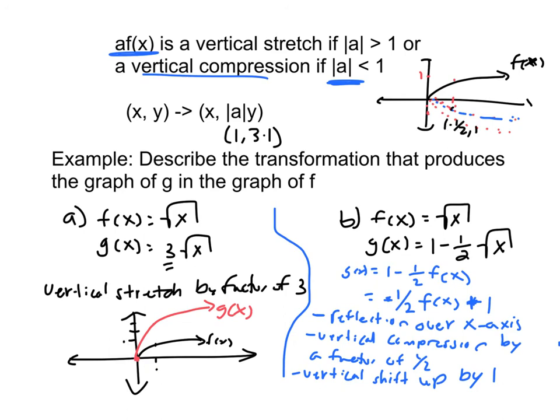Oops, I wrote that in the wrong direction. X comes first. So 1, -1/2. Okay, so this point that I just talked about, 1, -1/2, now it's going to be shifted up by 1. So up by 1 means that the y-coordinate is going to go up. So -1/2 plus 1 is 1/2. So it's going to go to being 1, 1/2.